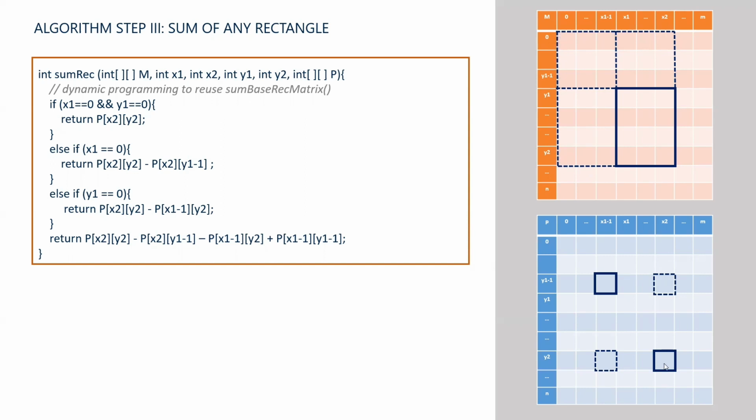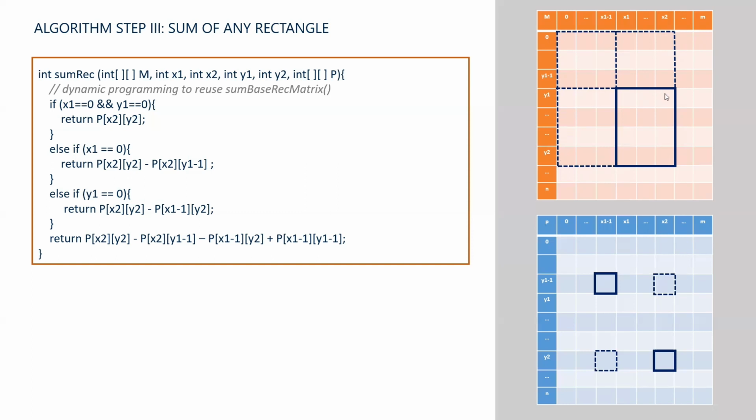Just return this cell P[x2][y2]. Else if x1 equals 0, so it's like this. We'll return P[x2][y2] minus P[x2][y1 minus 1]. So it's going to be this big one minus this smaller one.